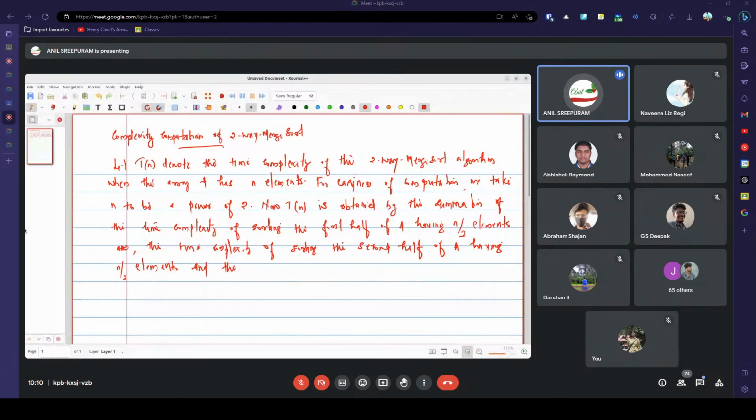So if you take the summation of all these three, because these are the three statements in the two-way merge sort algorithm, and the time complexity of the merge algorithm, because it will call the merge algorithm that merges the two sorted halves into a single sorted array.